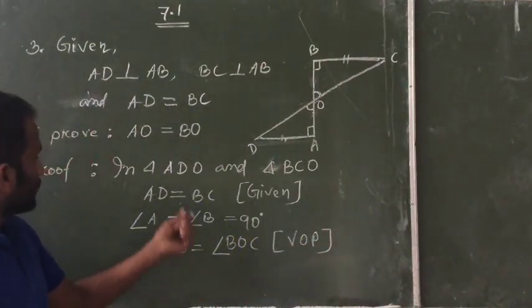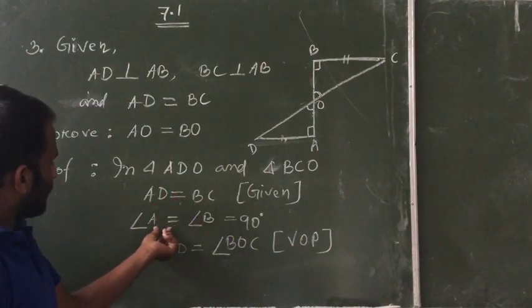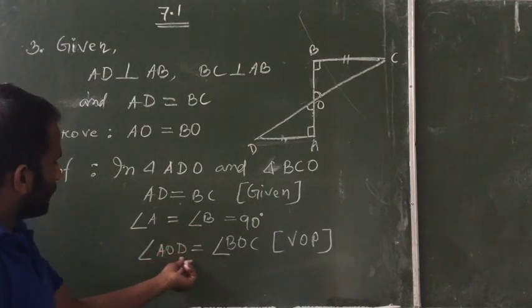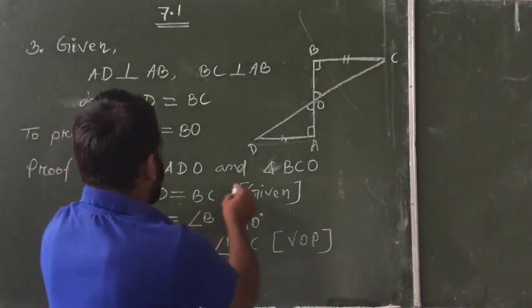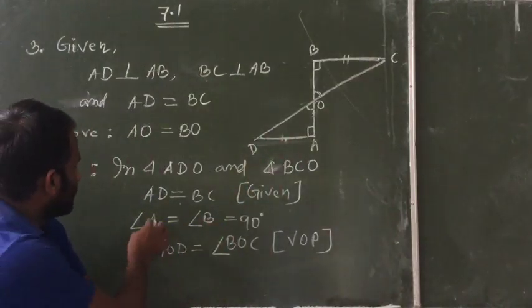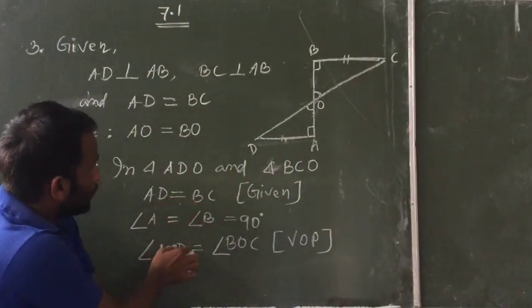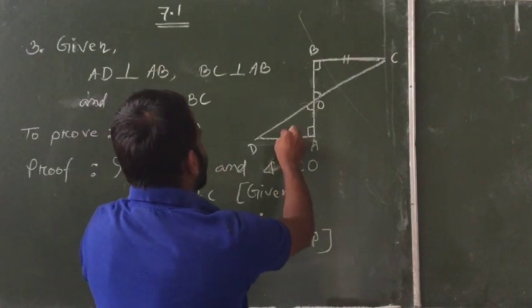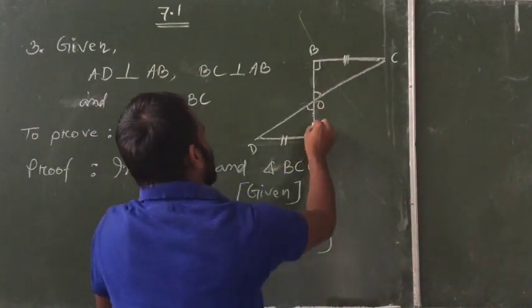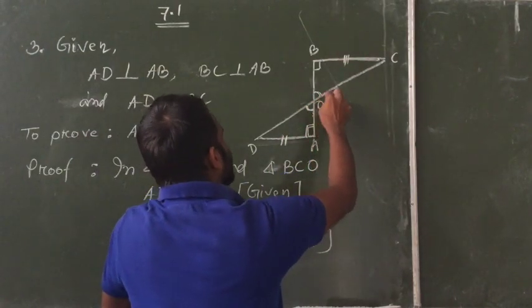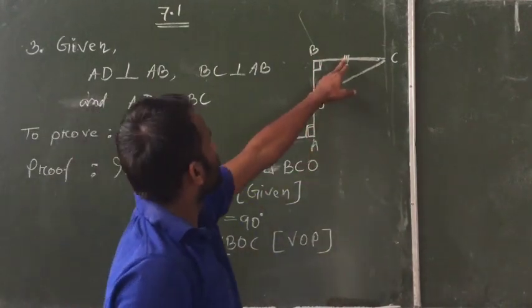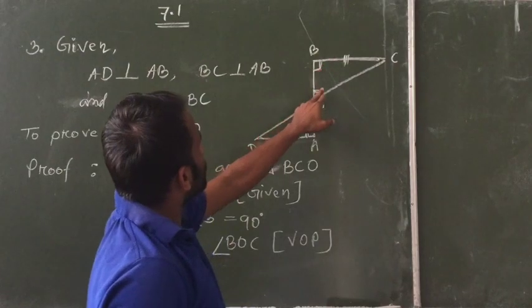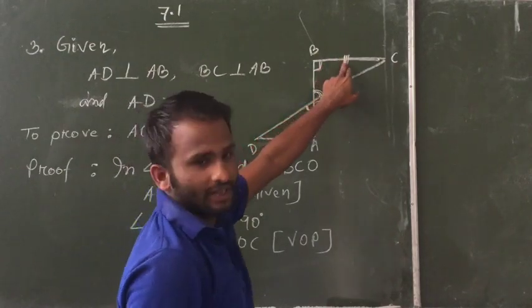So now we have AD equal to BC, angle A equal to angle B, and angle AOD equal to angle BOC. So what criteria is used here? One side and two angles. This side is equal to this side, and these two angles are equal. So we can say either side angle angle or angle angle side.